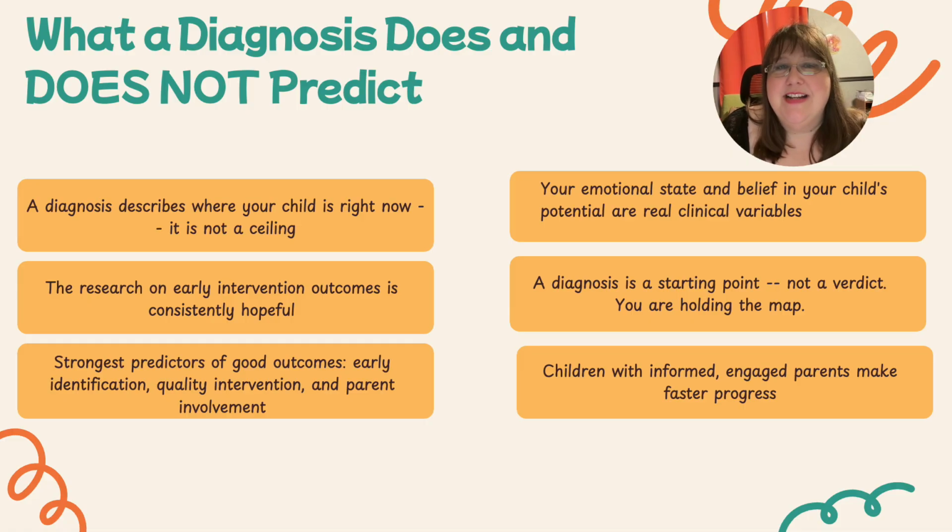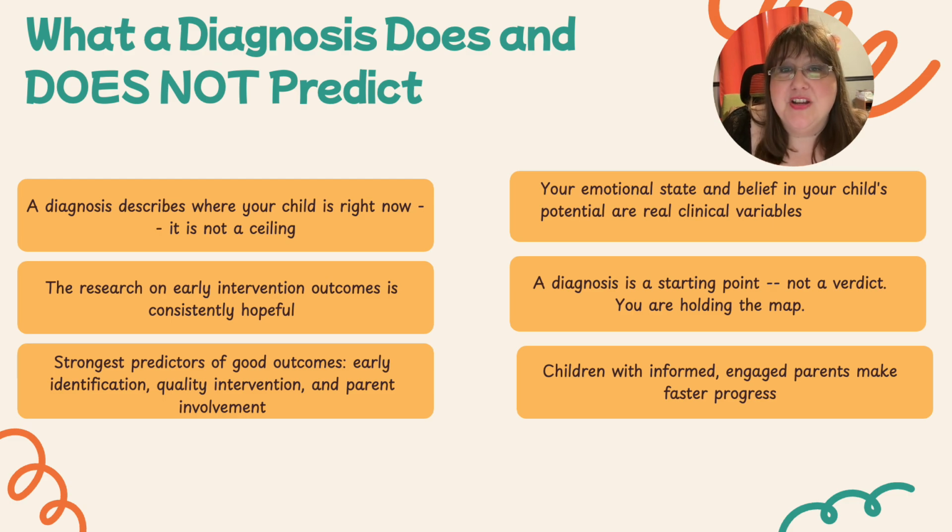For most of the diagnoses we have discussed, the research on outcomes is genuinely hopeful, particularly for children who receive early, appropriate intervention with informed and involved parents. Here is what the research is most consistent about when it comes to predicting which children do best.